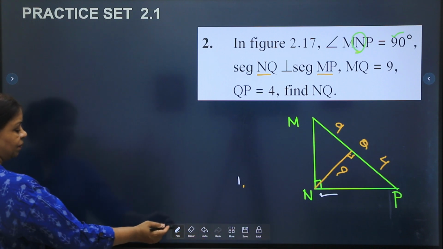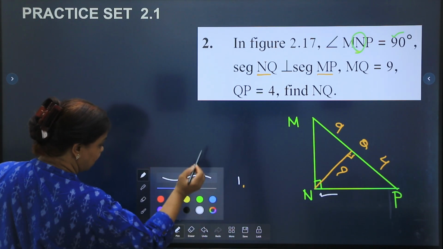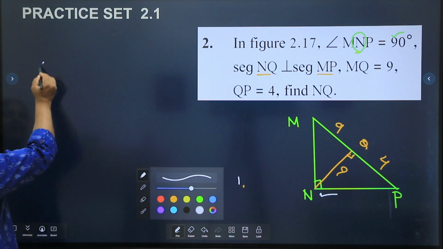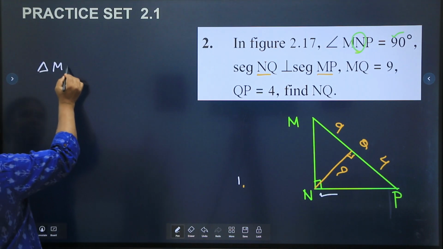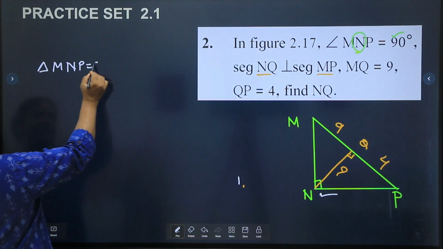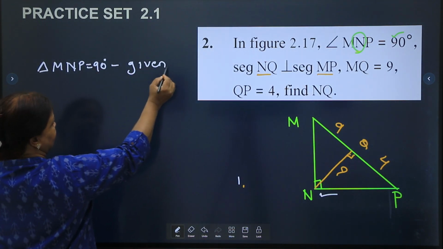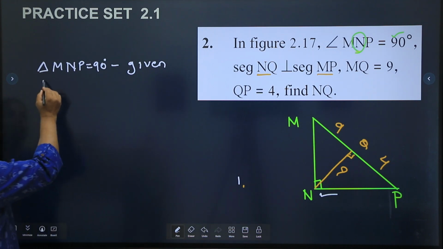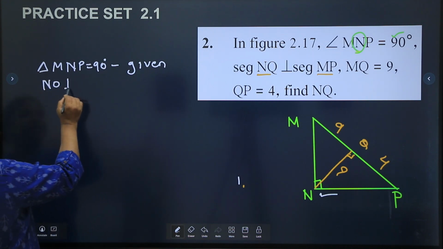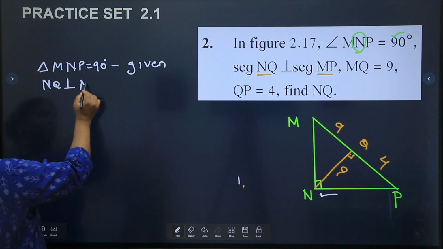Before using it, you must mention angle MNP is 90 degrees, because it is given. Then NQ is perpendicular to MP.